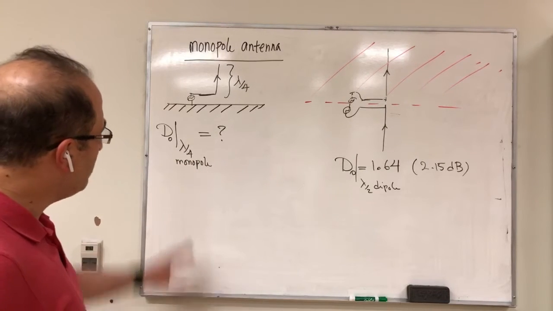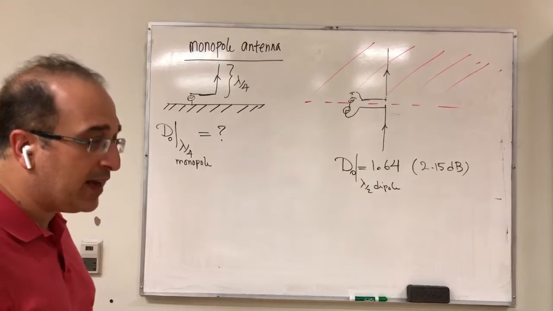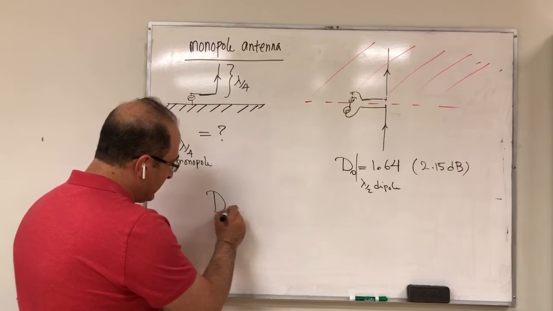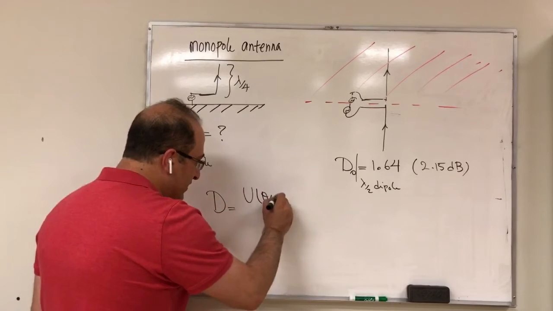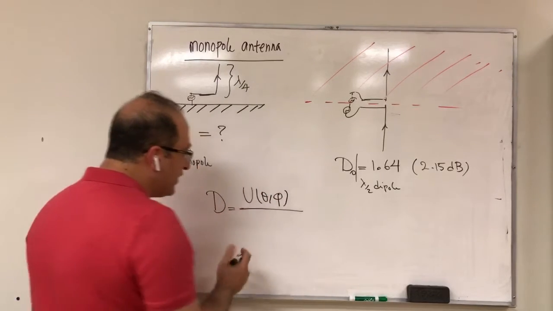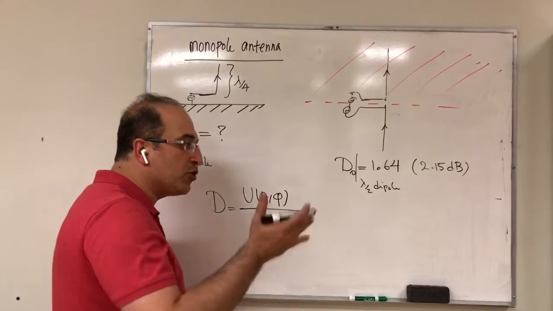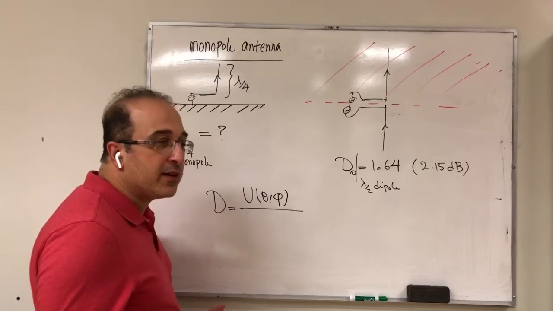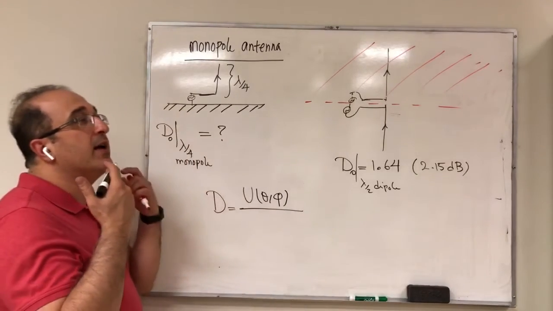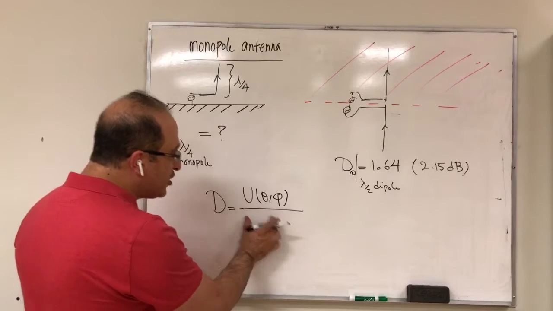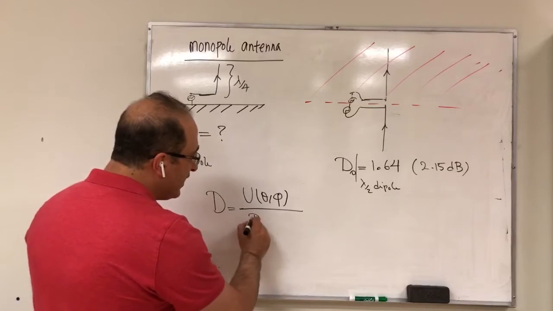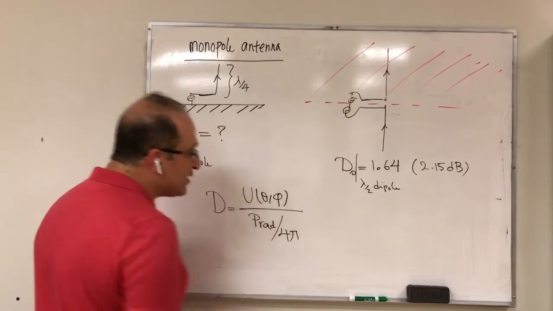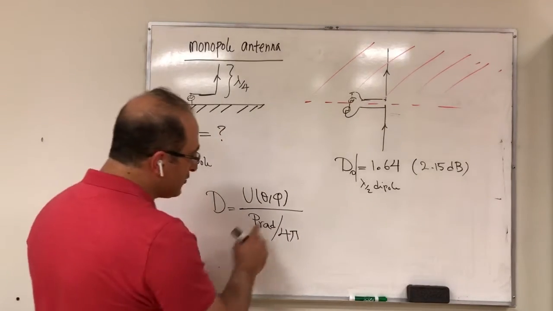Now, how do you decide on the directivity here? What would be the directivity here? Let's write down the equation for directivity. Directivity is the radiation intensity divided by the radiation intensity of an isotropic antenna, assuming that the actual antenna and isotropic antenna have the same radiated power. The radiation intensity of the isotropic antenna is the total radiated power P rad, equally distributed over the whole solid angle, which is 4 pi.